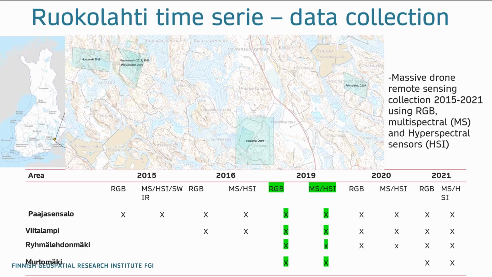We collected data in 15, 16, 19, 20, and 21, and there have been 3 or 4 different areas here. 2 of them are protected areas where a lot of storm had knocked the trees down, so there were already a lot of dead trees, and the 2 other areas had more starting symptoms.